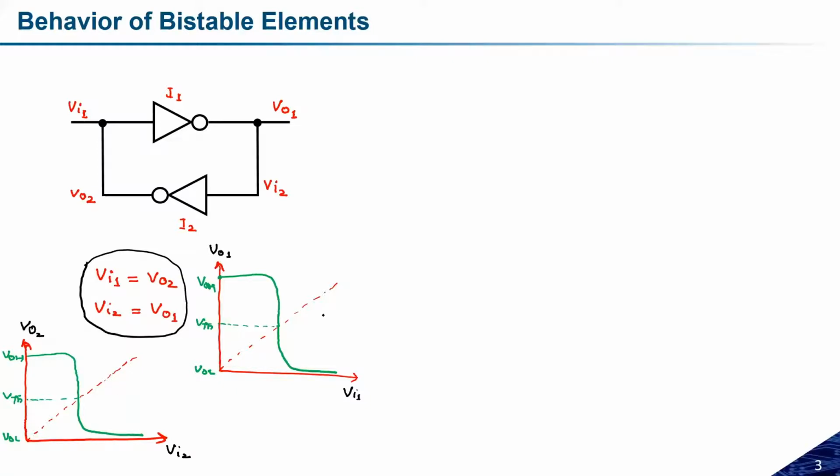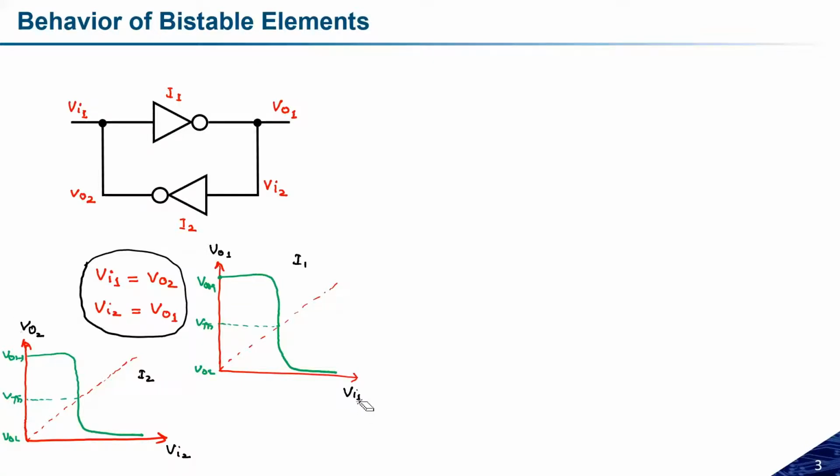This is the characteristics for inverter number 1, and this is the characteristics for inverter number 2. If we try to match the axes, Vi1 is in the x-axis and VO1 is in the y-axis. Similarly, Vi2 is in the x-axis and VO2 is in the y-axis.